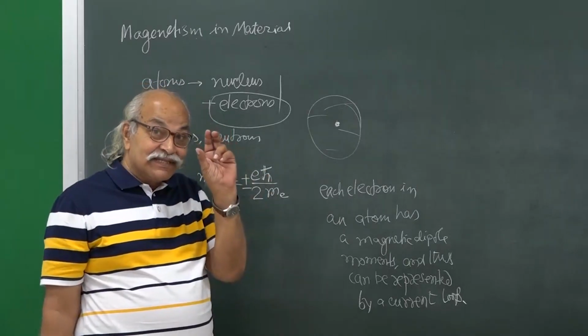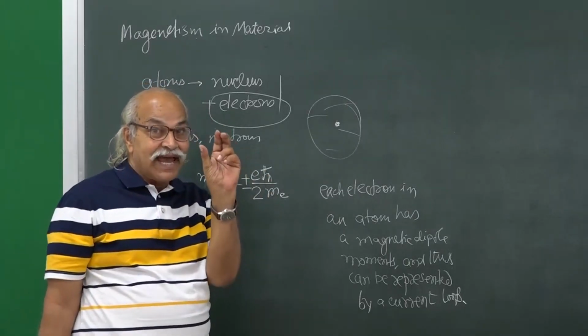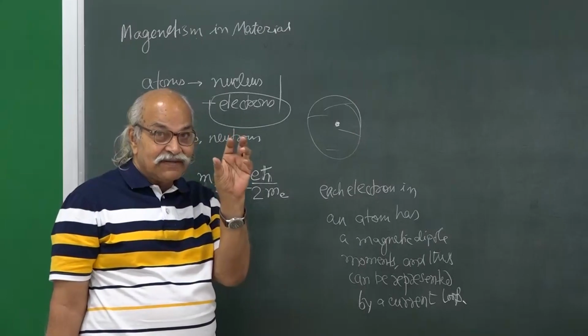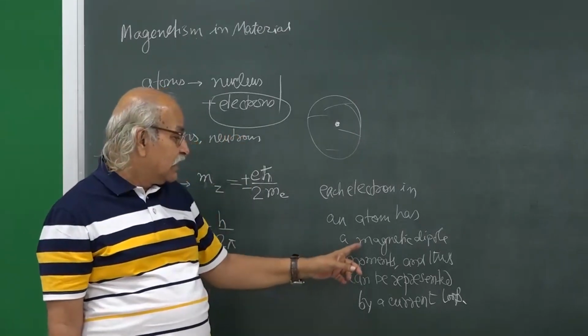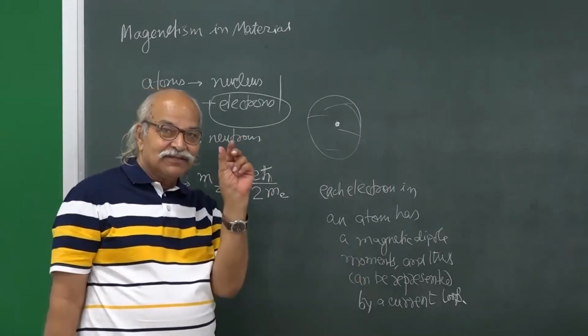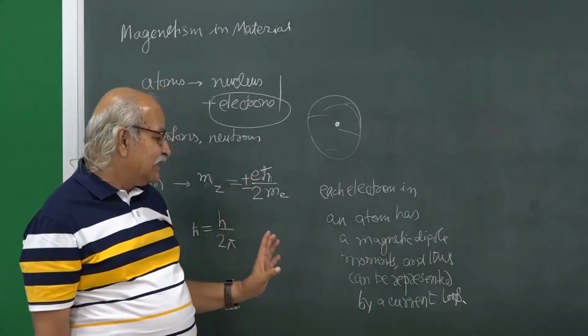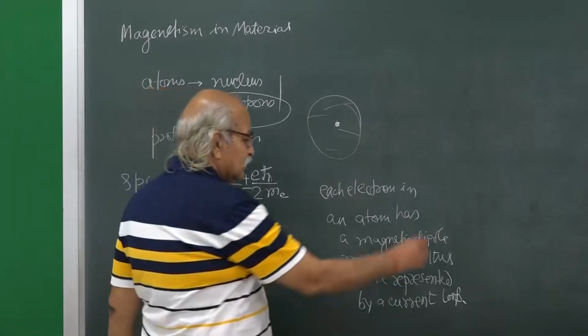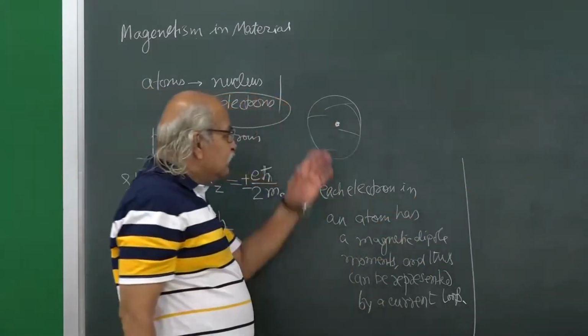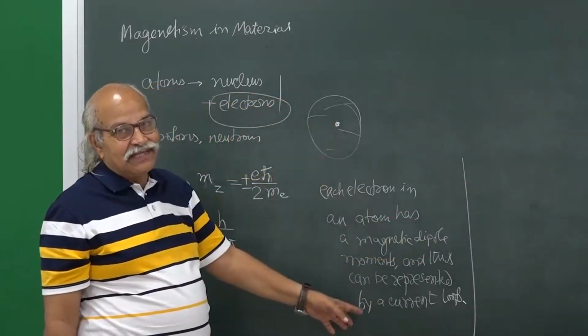We are replacing, or we are seeing, this atom itself as equivalent to a current loop. So, the size of the current loop is also atomic, alright. So, a very tiny current loop, but each electron in the atom can be seen like that.